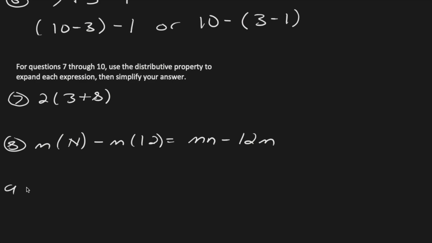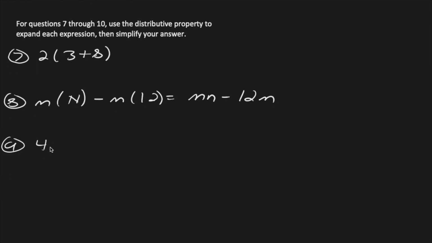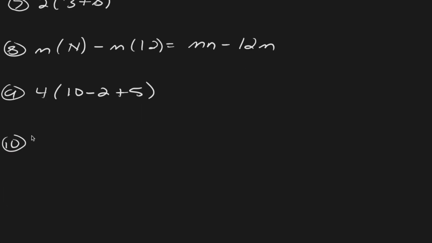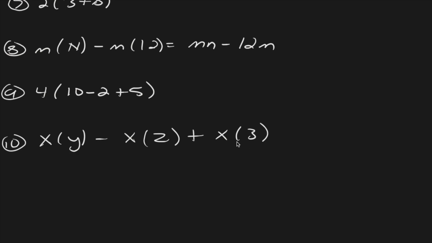For 9, do 4, open parentheses, 10 minus 2 plus 5, and 10, do x times y minus x times z plus x times 3 is equal to xy minus xz plus 3x.